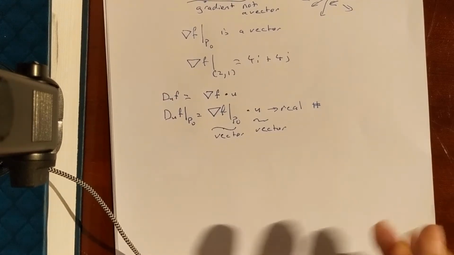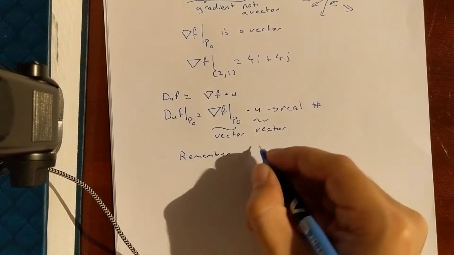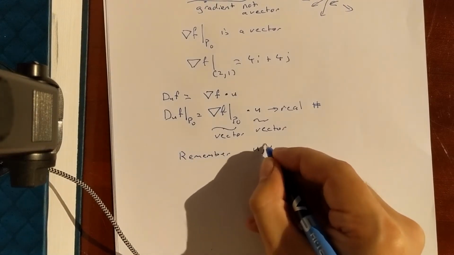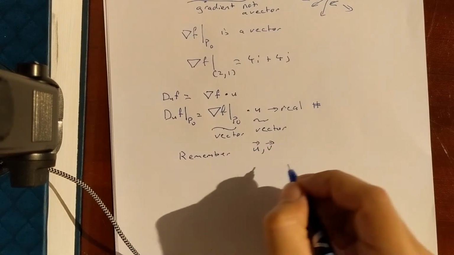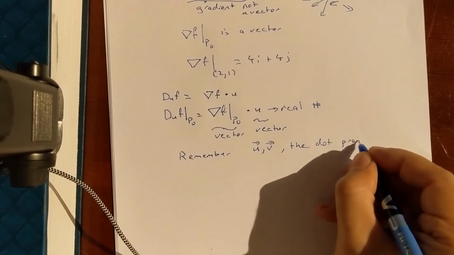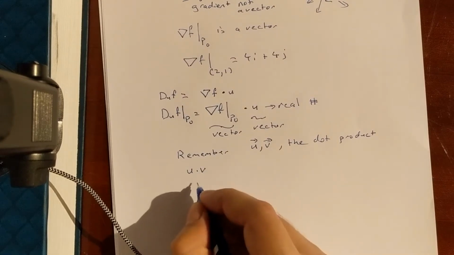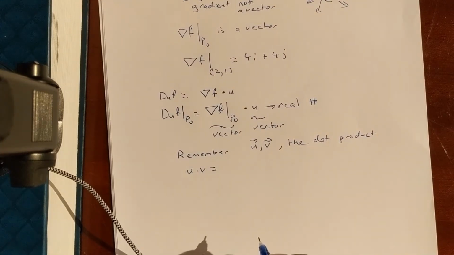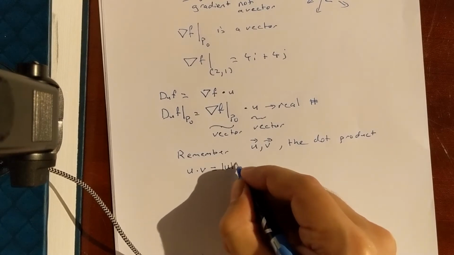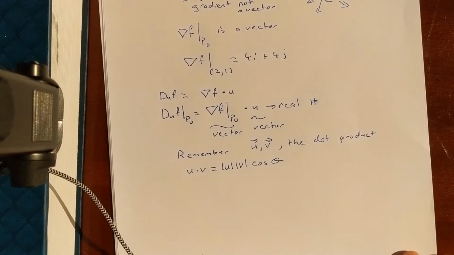So, well, remember, if we have two vectors u and v, the dot product u dot v is a real number. Again, what was it? It was the length of u times the length of v times cosine theta, where theta is the angle between these two vectors.